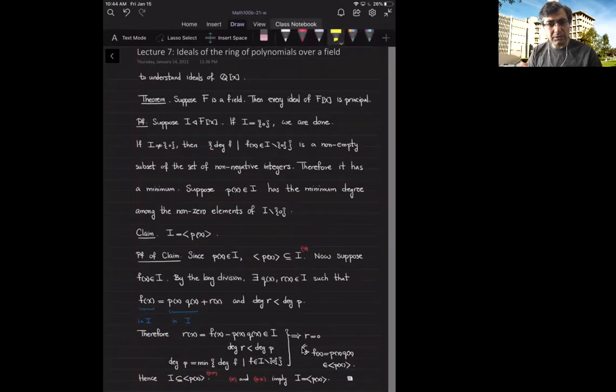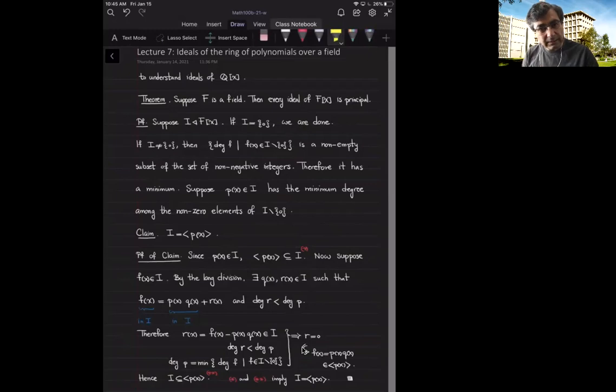There we relied on a result from group theory, which said that every subgroup of Z is a cyclic subgroup, of the form nZ for some n. And the proof of this result, if you don't remember, relies on long division, the division algorithm for integers.